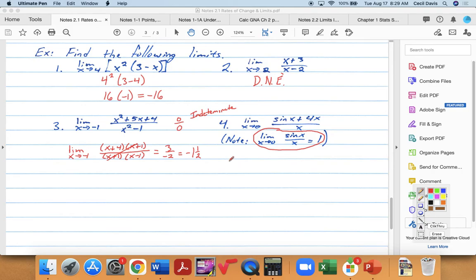Well, what I need to do is rewrite this original limit. I'm going to rewrite this as the limit as x goes to 0 of sine of x over x plus 4x over x. That's algebraically legal because I'm dividing both parts of the numerator by x.